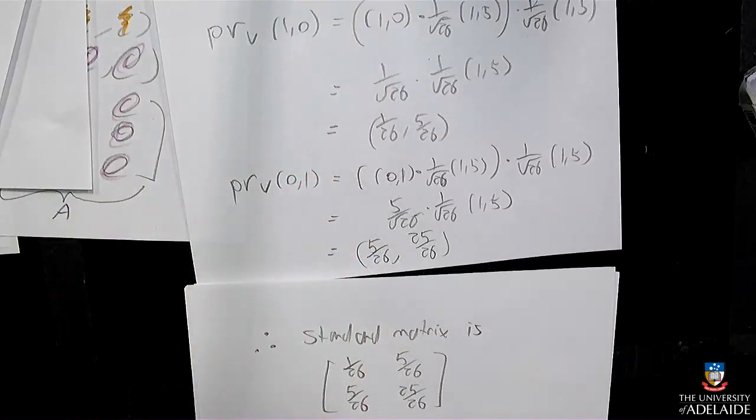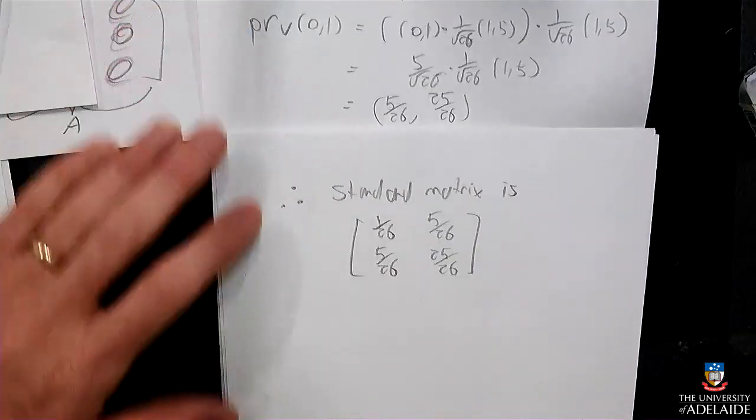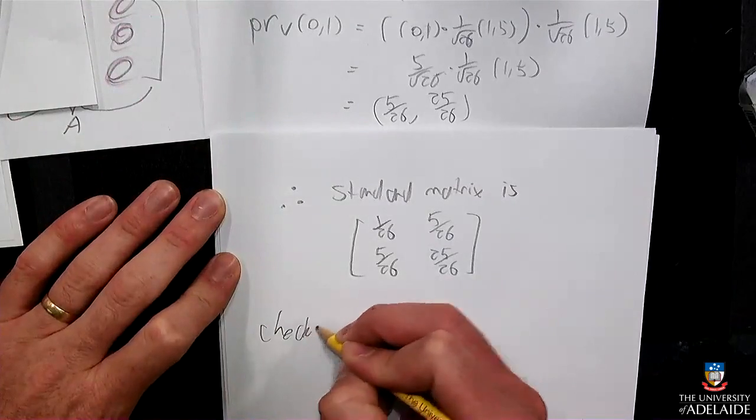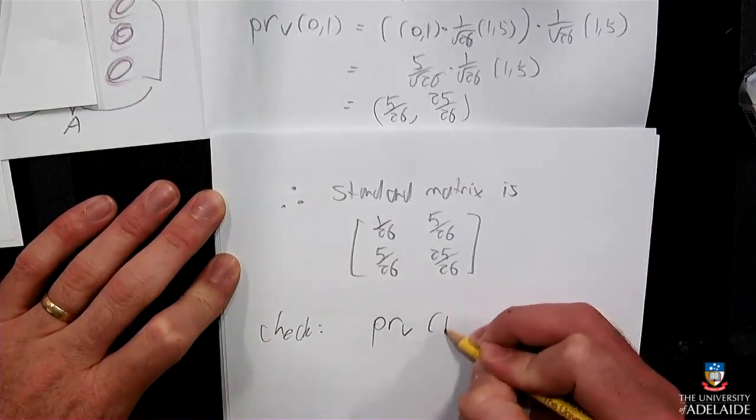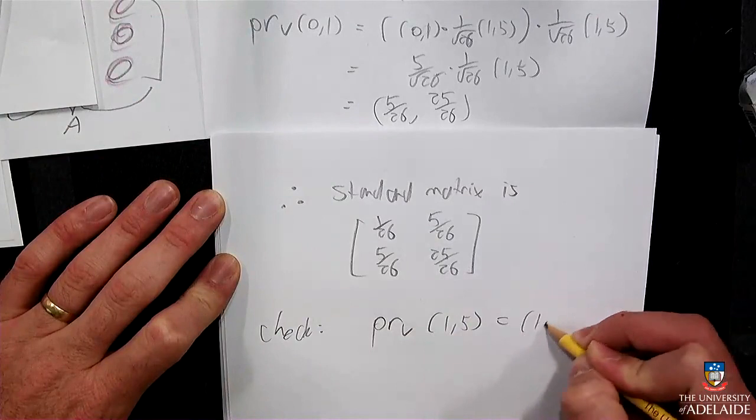Let's just check if this is working. If this really is the standard matrix for an orthogonal projection onto this subspace, then if I pick a vector that is in that subspace, nothing will happen when I multiply it by this matrix. The projection onto V of the vector (1, 5) is (1, 5), right?